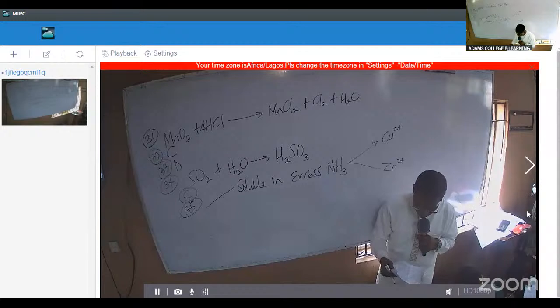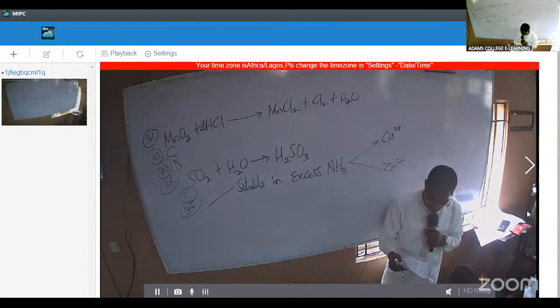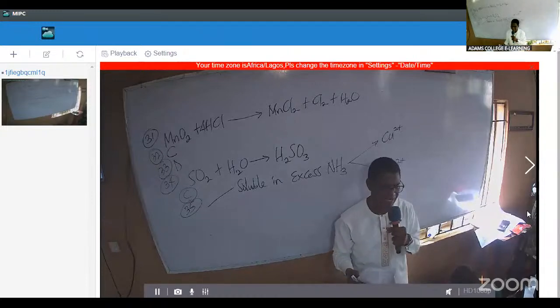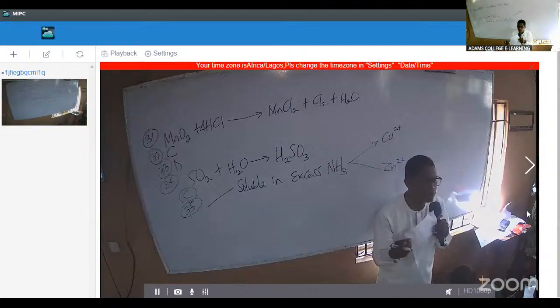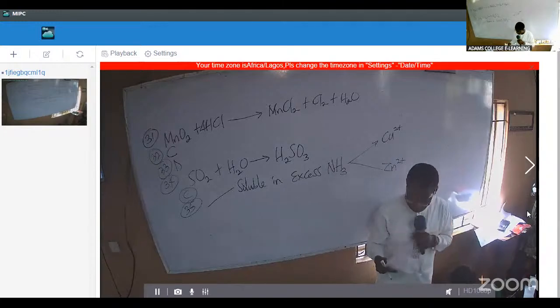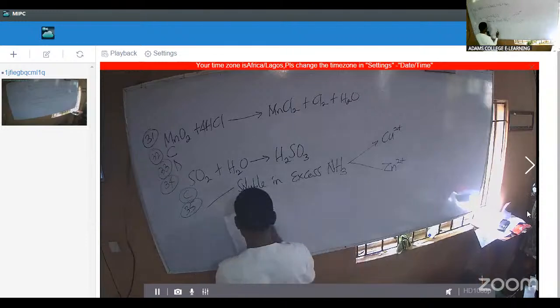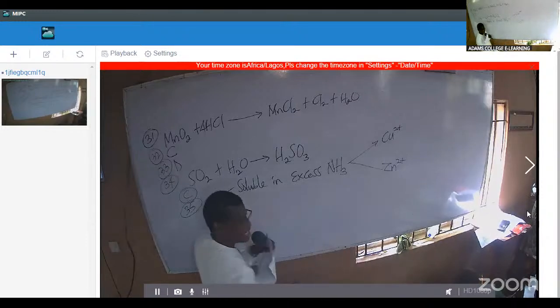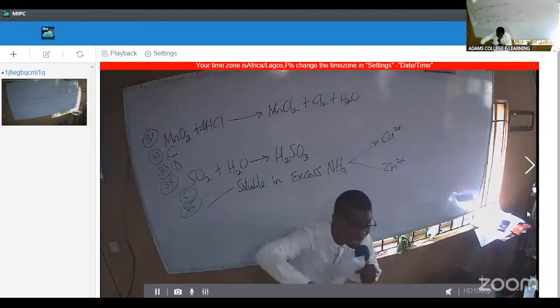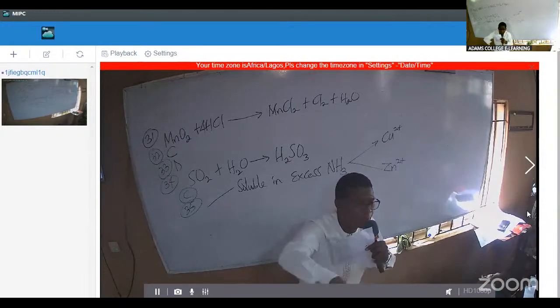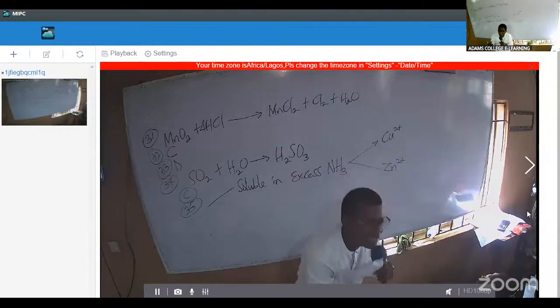Number 36. The metal that liberates hydrogen from cold water in bubbles. Look at that word, that's the key there: in bubbles only. What's the answer? If you put sodium in water, it will dart around in a violent reaction, roll into a ball, and you'll be hearing pop, pop, pop.